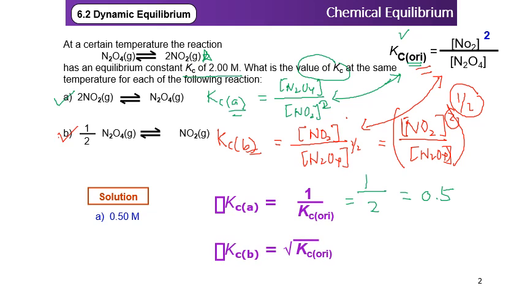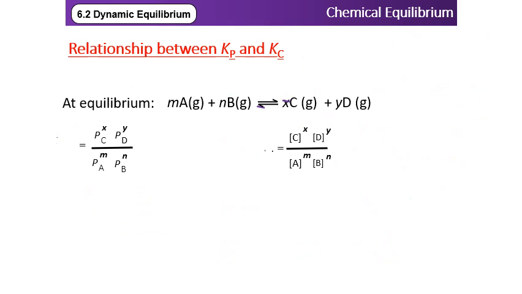So for Kc B, the power of 1 over 2 is similar to the square root, so that's why I will put a square root here. So the answer will be the square root of 2. Okay, press the calculator and you will get the answer. Hopefully with these two slides, you will have the idea how to answer tutorial question number 5.